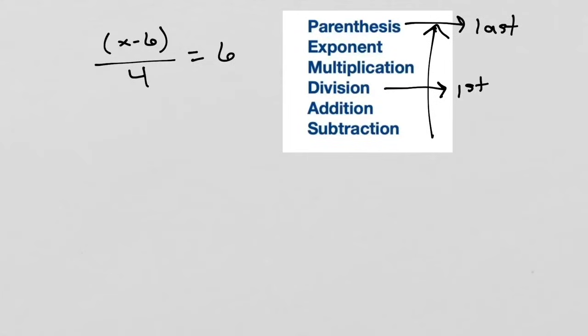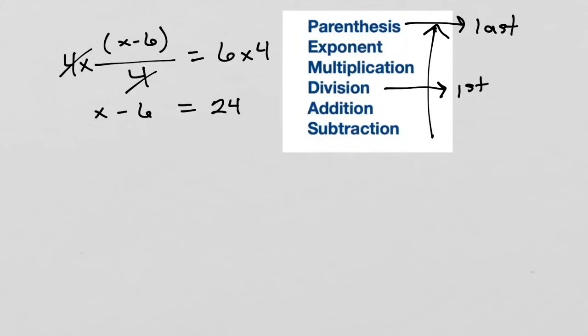We get rid of the divided by 4 by multiplying both sides by 4. The 4 will cancel out. 6 times 4 is 24. Now we can remove the parentheses to have x minus 6 equals 24.